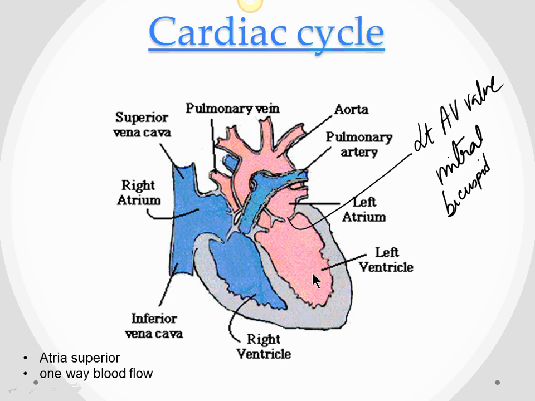Then from the left ventricle, blood is pumped out to the aorta. This big artery goes into the aorta, which is guarded here by an opening. This one here is called the aortic opening, and the valve will be the aortic valve, just as this one here was the pulmonary opening with the pulmonary valve.